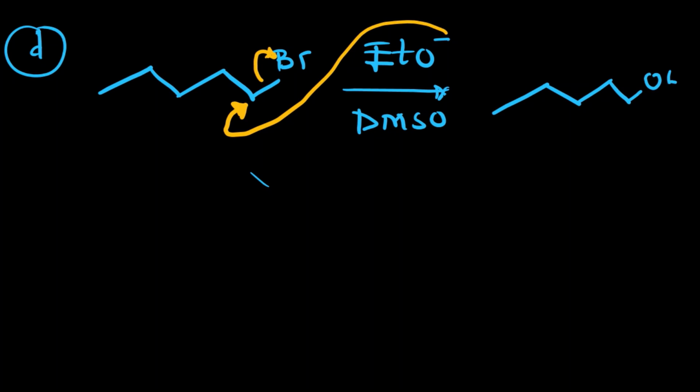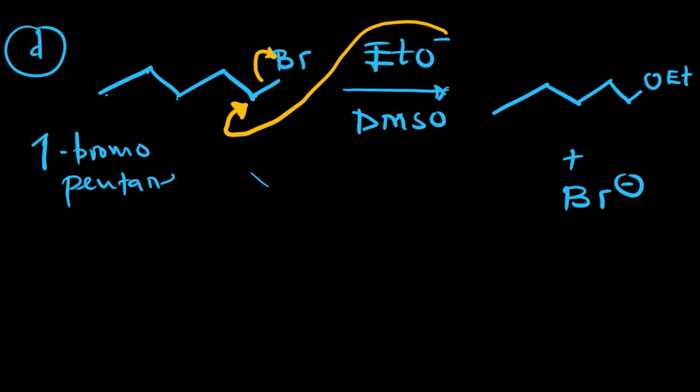The oxygen here plus the bromine that left. Okay, so we started with 1, 2, 3, 4, 5. We started with 1-bromopentane here. And then the product that we formed here is an ether, because this carbon chain here, which is an ethane, is bonded to this pentane by an oxygen.